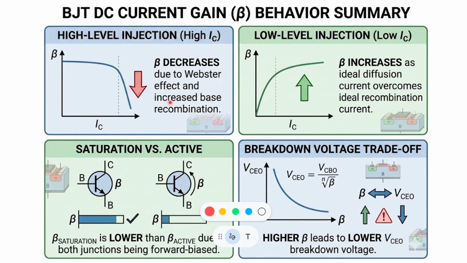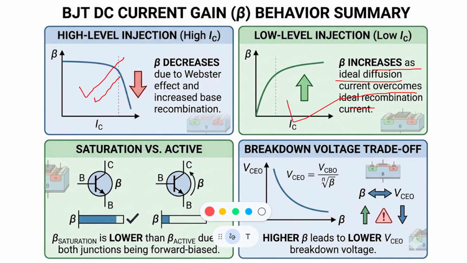Here you can see the detailed explanation as well. So beta will decrease due to the Webster effect in the increased base recombination model, right? And for option B, low level injection, beta decreases as the ideal diffusion current overcomes ideal recombination current.